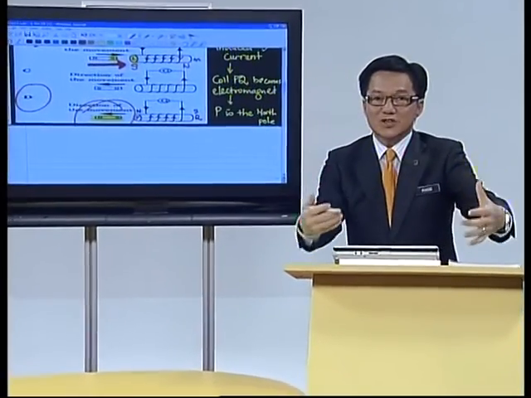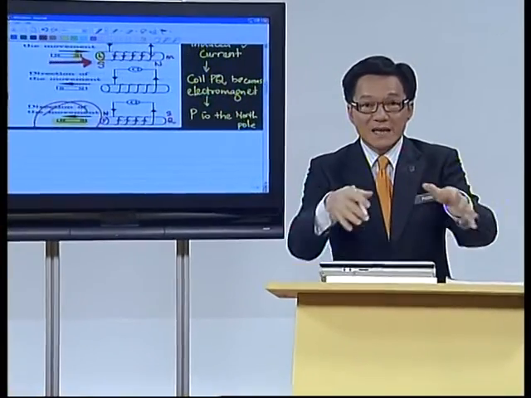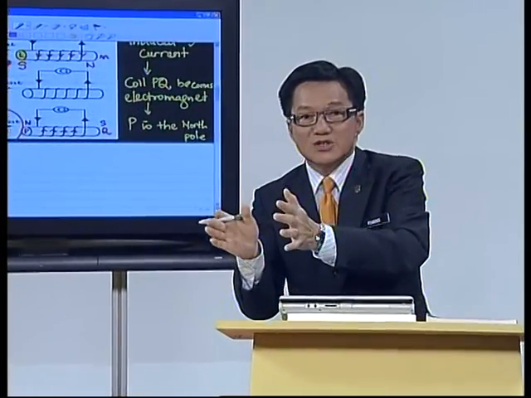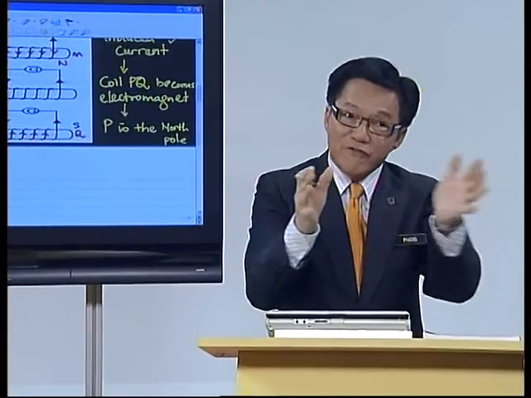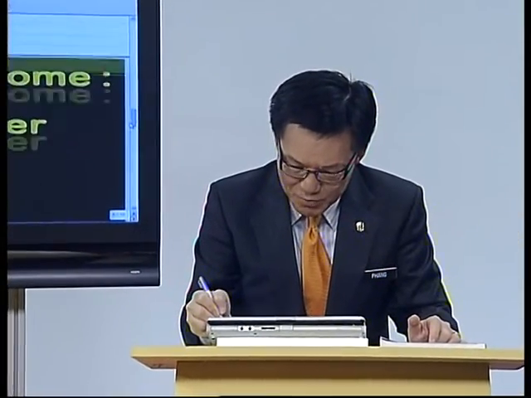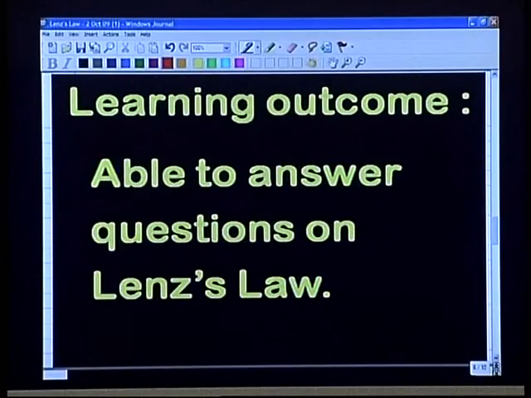In a sense, this objective question is very good because this test question allows me to explain to you one case to another case. There are altogether 4 cases. So with this, I hope that you would have learned Lenz's law again and you are able to answer questions on Lenz's law.